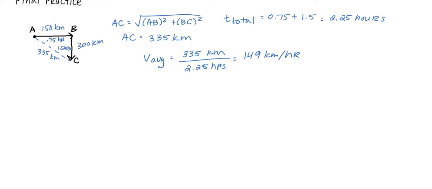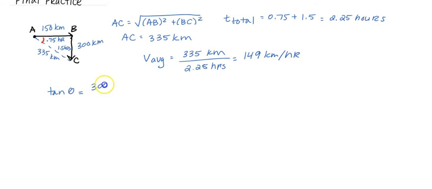Now for the direction, I'm really looking for the angle here. So for that angle, I would need to use the tangent function, because I really should use values that I already have. So the ones that I started with of 150 kilometers, that's the adjacent value, and 300 kilometers is the opposite value.